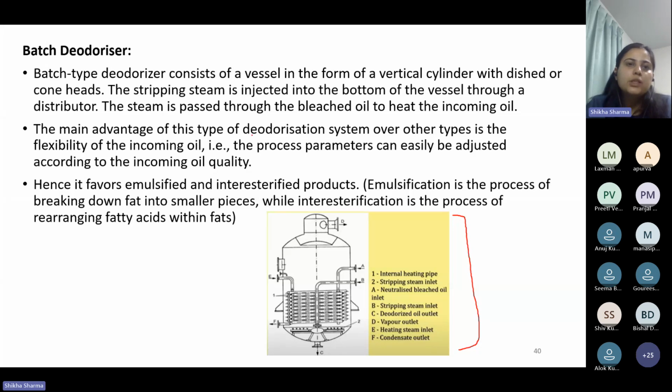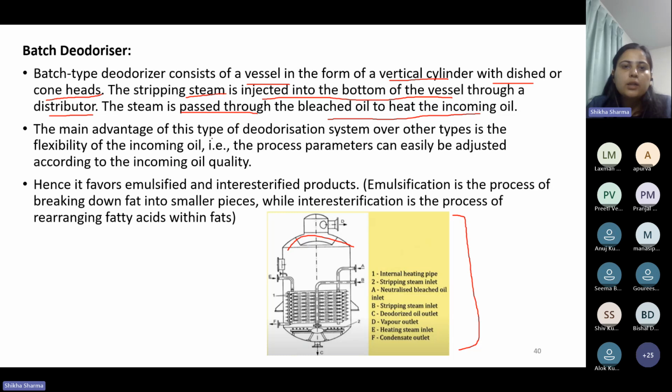Batch deodorizers look like this. In the batch type deodorizer, there is a vessel in the form of a vertical cylinder with dished or cone heads. The stripping steam is injected into the bottom of the vessel through a distributor, and then the steam is passed through the bleached oil to heat the incoming oil.